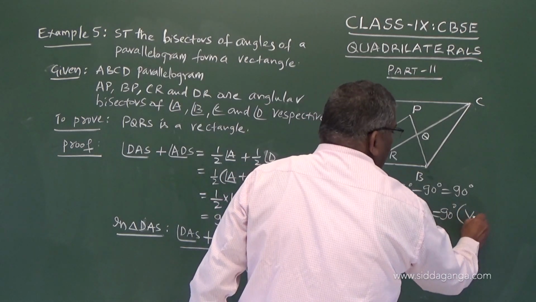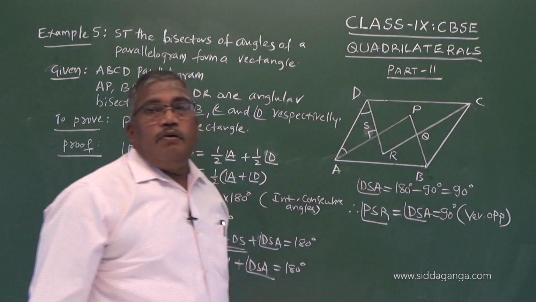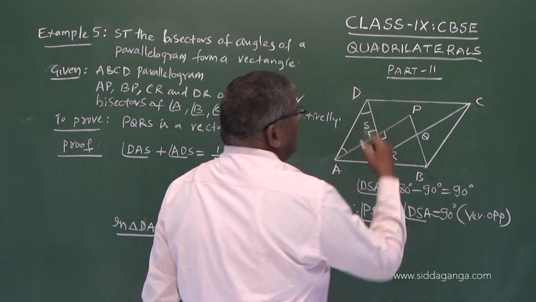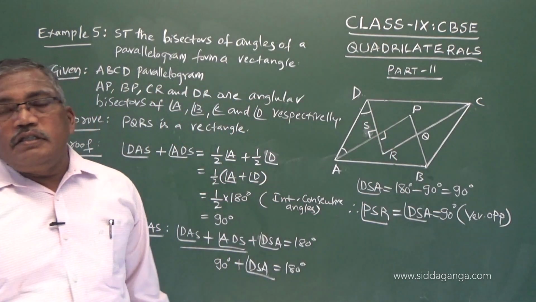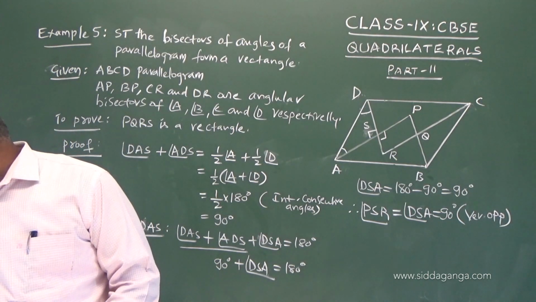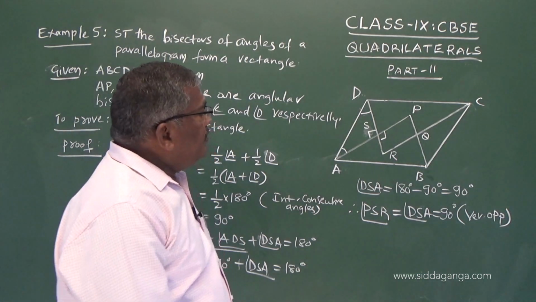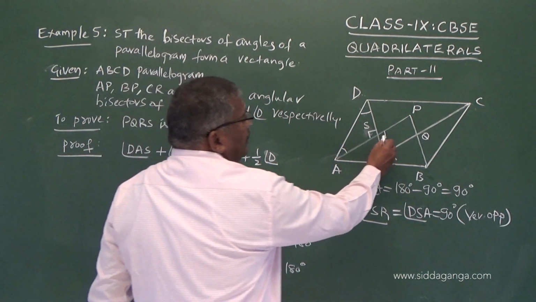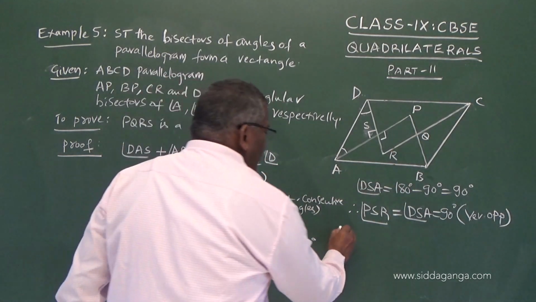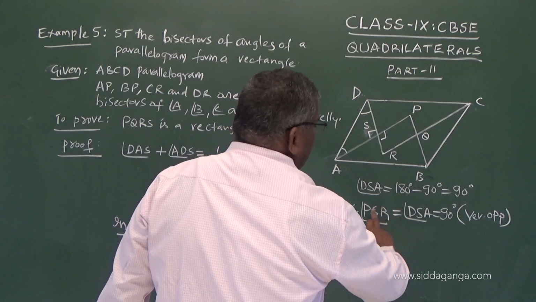I will write vertically opposite. So similarly we can prove that the remaining angles are 90 degrees.